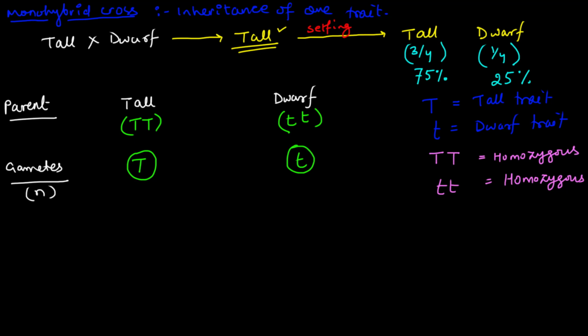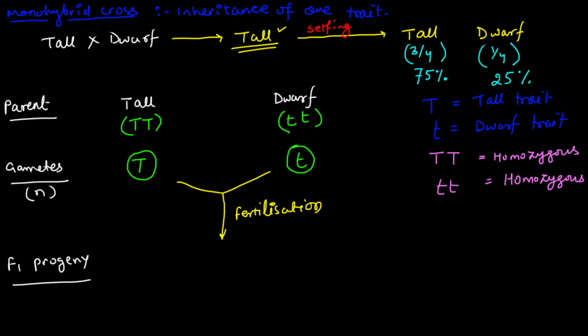Now, when they fuse, they are going to produce the F1 progeny. So they will undergo the process of fertilization, pollination followed by fertilization. And when they do, they will form what is called the F1 progeny or F1 offspring. These are nothing but the hybrids.